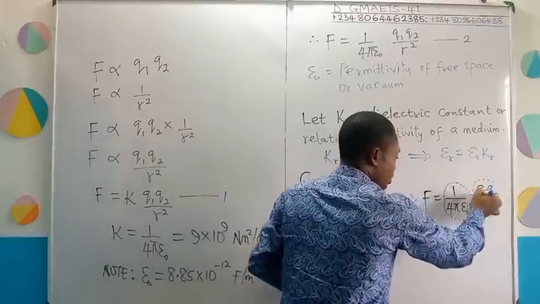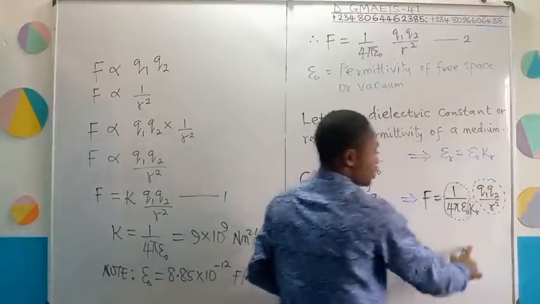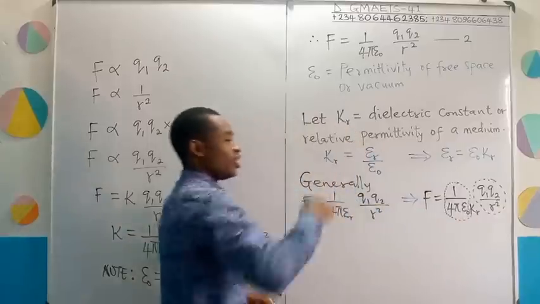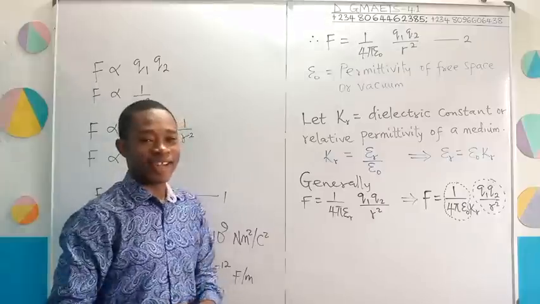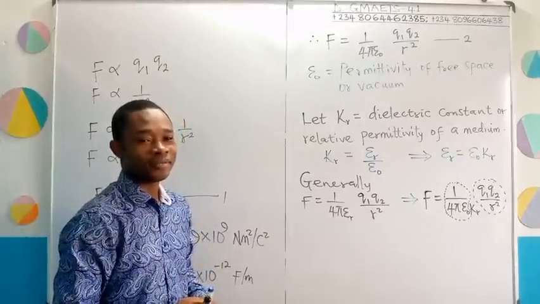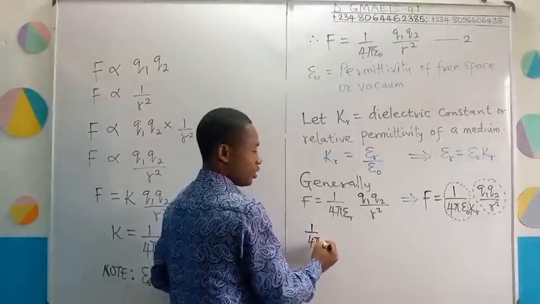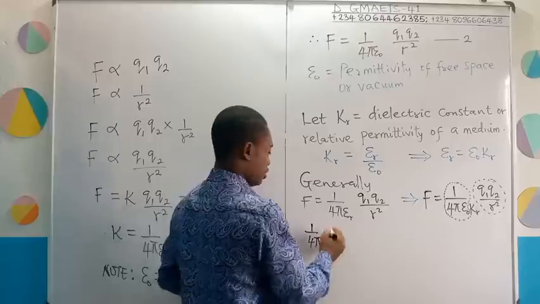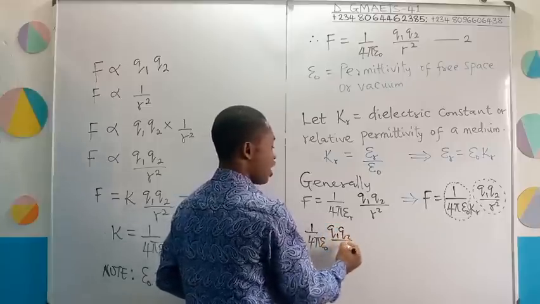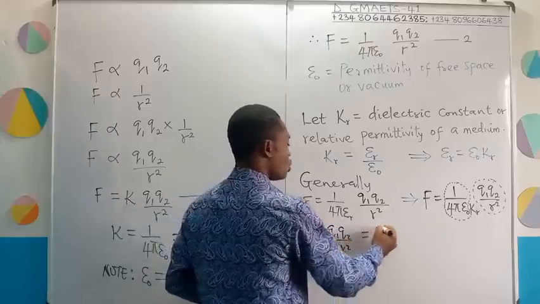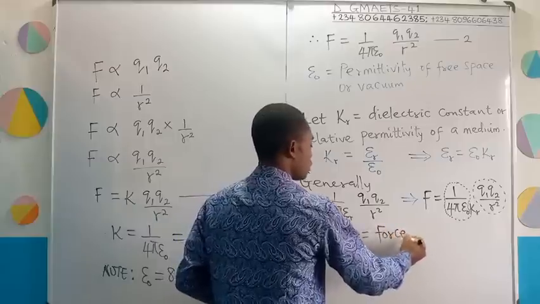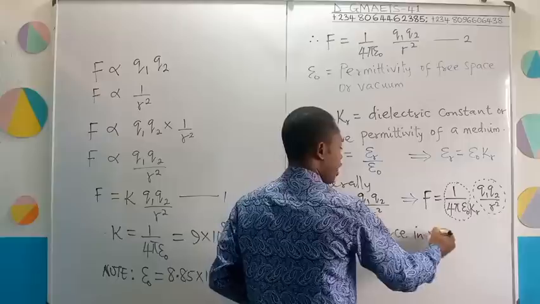Let me dot this as well. Take note that this kr is not among what I dotted there, because I want to show you something. 1 over 4 pi E naught q1, q2 divided by r squared is equal to the electrostatic force in vacuum.